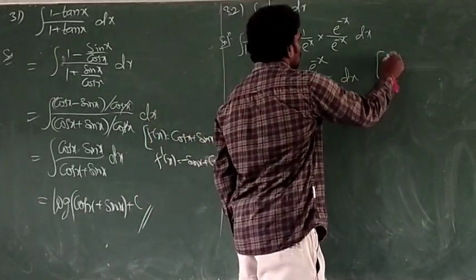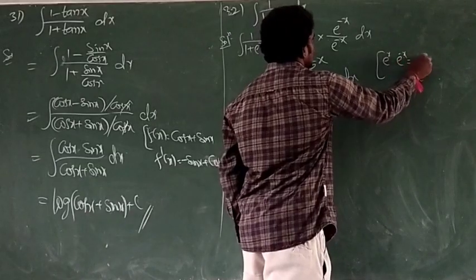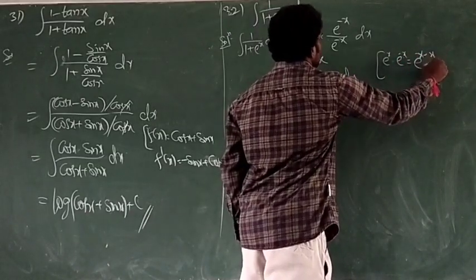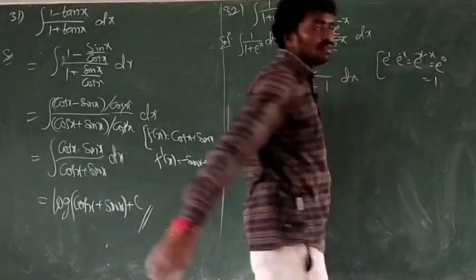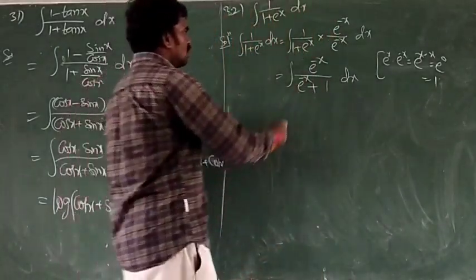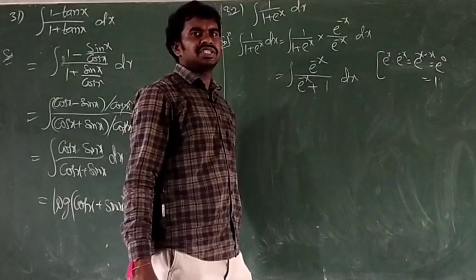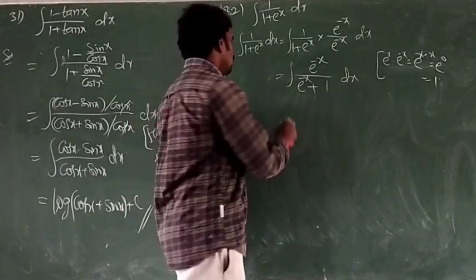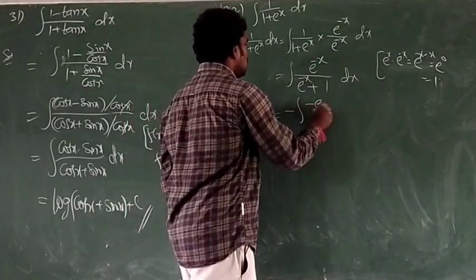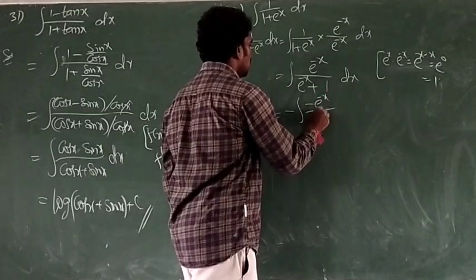See, e power x into e power minus x is e power x minus x, e power 0, which is 1. Now, is it function and derivative or not? Let f of x be e power minus x plus 1.